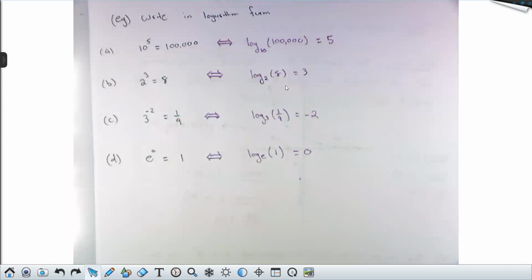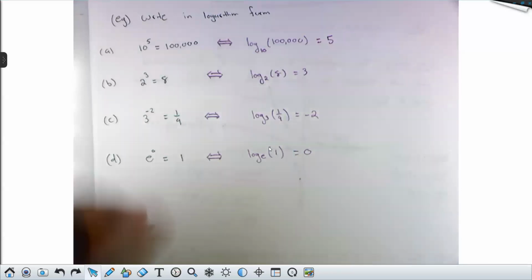Okay. There's a couple little details I want to share with you. One of them is just a piece of notation for special bases. And the other one is a sort of intuitive way of thinking about the logarithm.